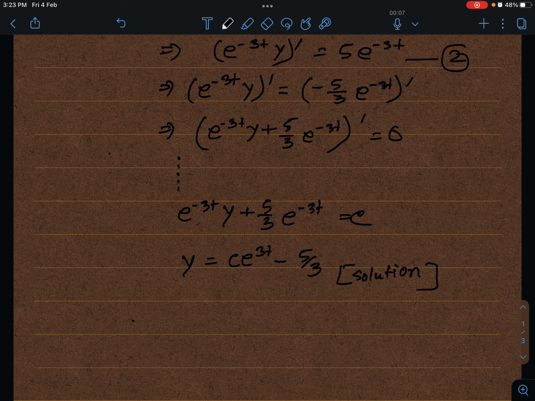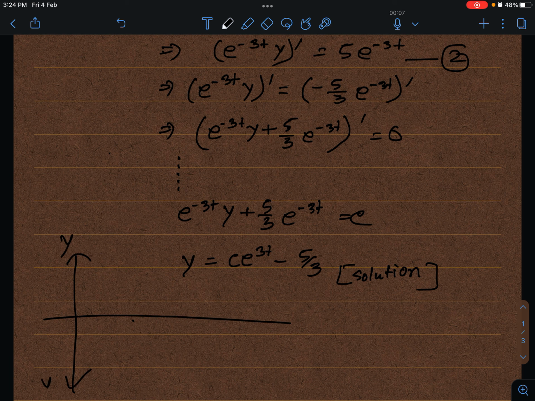If I draw a graph, it would take a picture like this. This is y, this is t, and this is t equals 0, y equals 0, let's say.